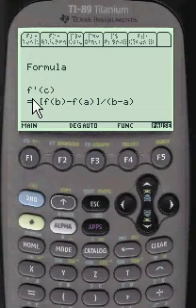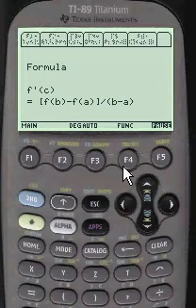Here's the formula for the mean value theorem. And let me just read what this one answer says, and every answer, that's what they say.